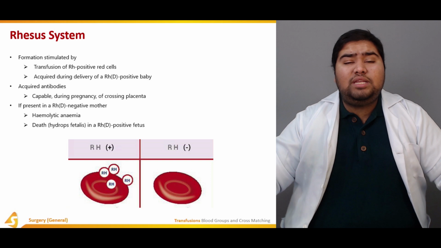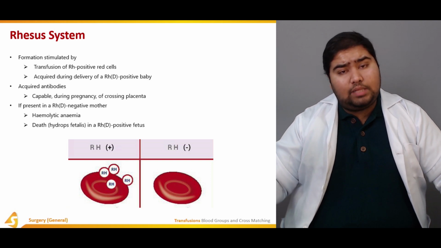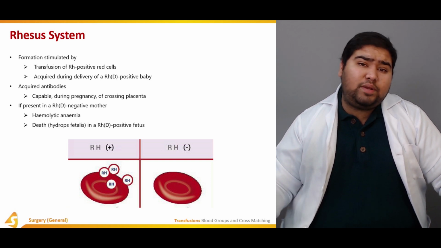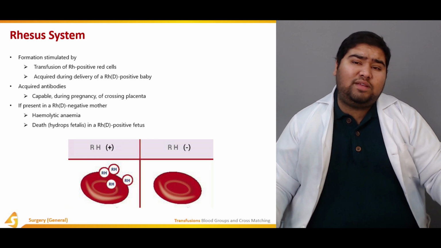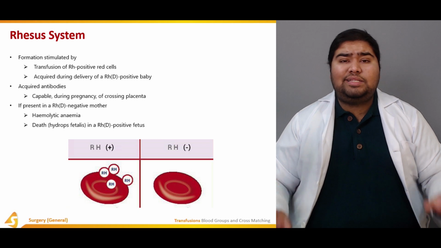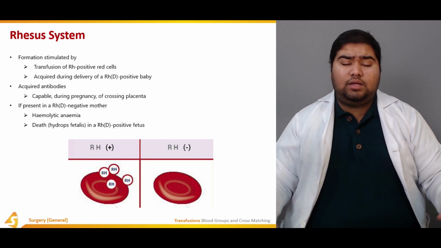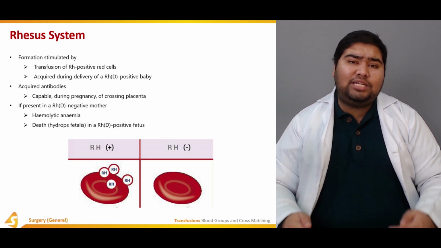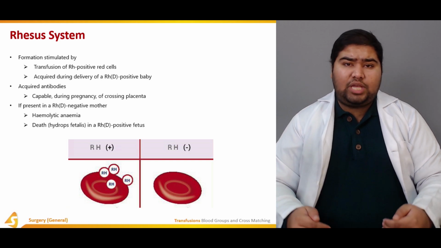Now the Rh negative mother, who was pre-exposed to Rh positive antigen, has a sufficient amount of memory cells and a sufficient amount of this anti-D antibody, or anti-Rh antibody.